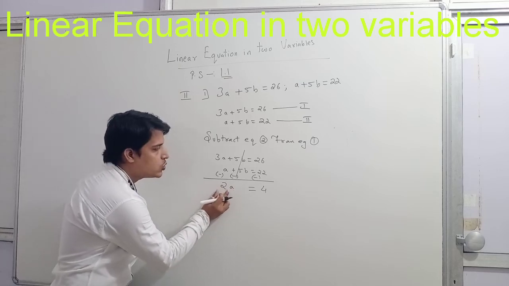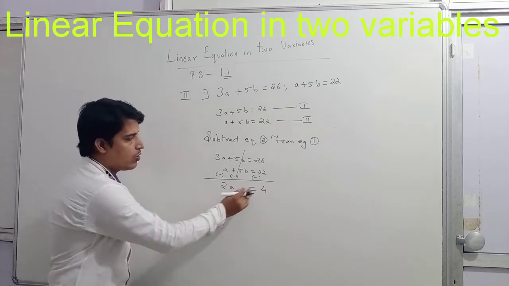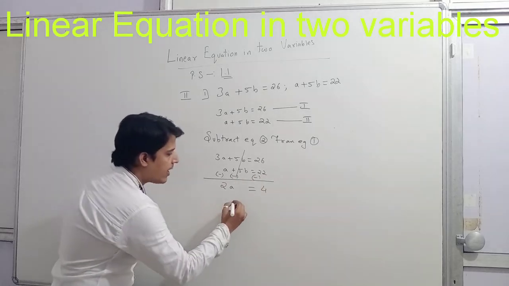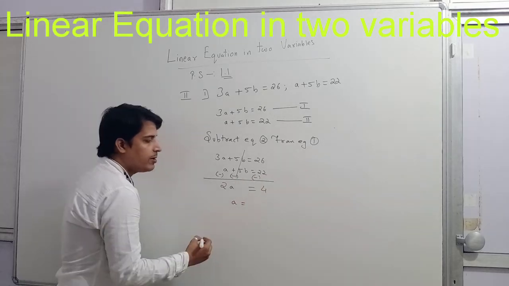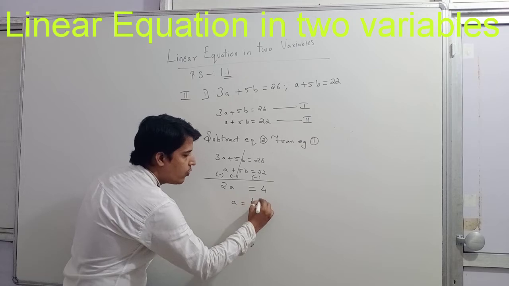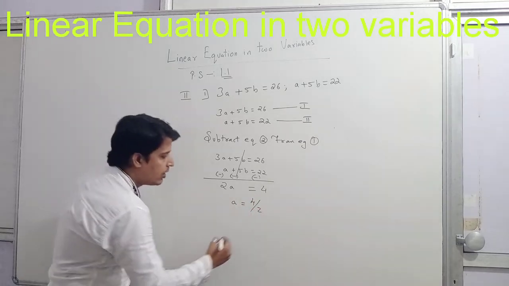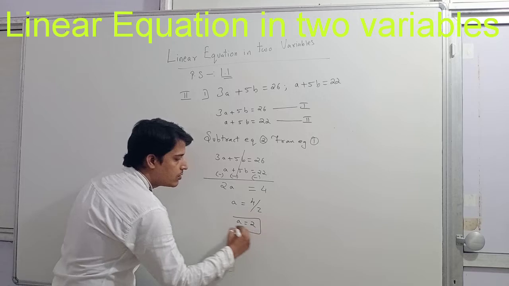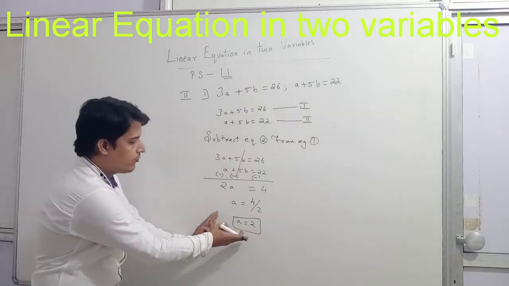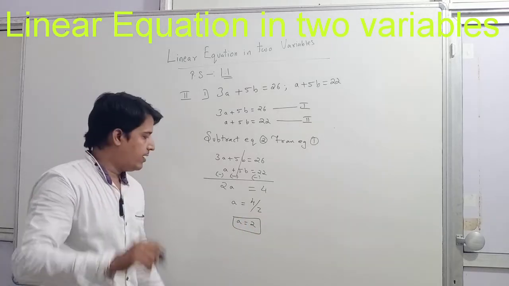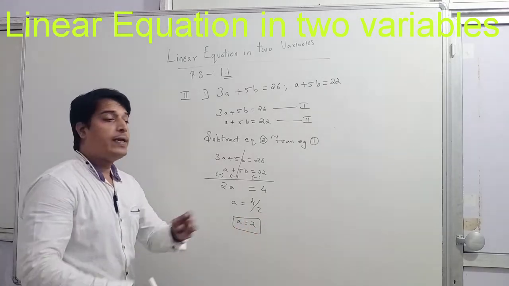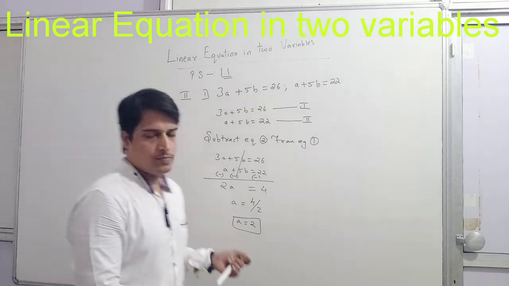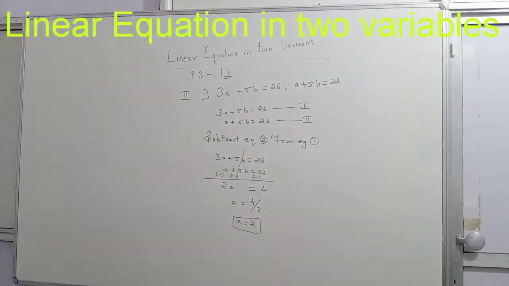If I take this 2 to the opposite side of equal to, then it will be written as a equals 4 divided by 2. I am getting the value of a as 2. I have got the value of one variable as 2. My next step, I will erase the board immediately.